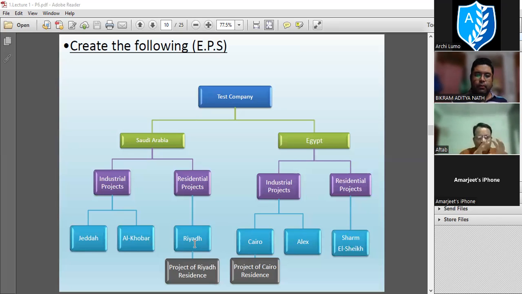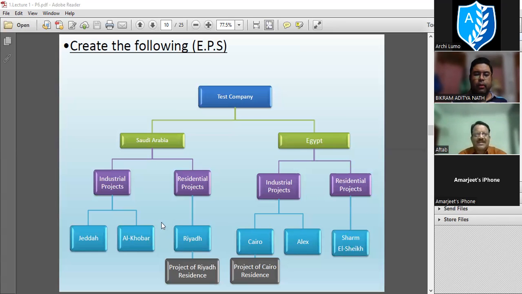I gave you the example of civil work, that under civil it may be working in infrastructure, residential, commercial, highways, railways, flyovers. So this complete structure from the company top up to the project level, all this structure comes under EPS.